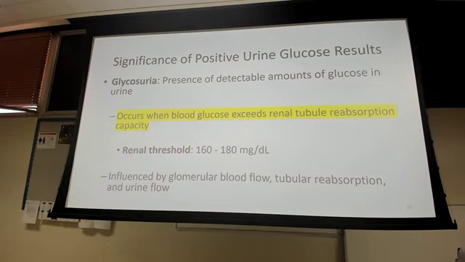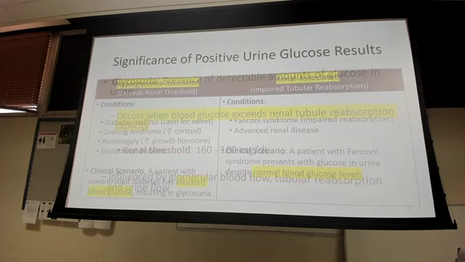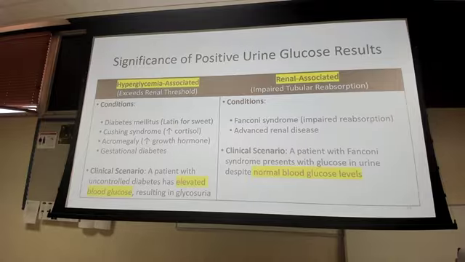Okay. So the significance of a positive urine glucose is detectable amounts of glucose in urine, right? It occurs when the blood glucose exceeds the renal tubular reabsorption capacity. All right. So this is another really good slide, because you are going to be asked to determine the difference between a hyperglycemic associated and a renal associated glucose result, okay?